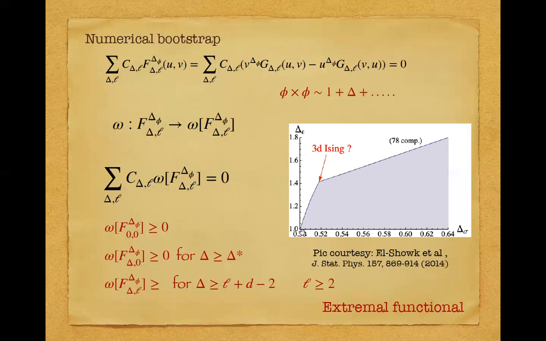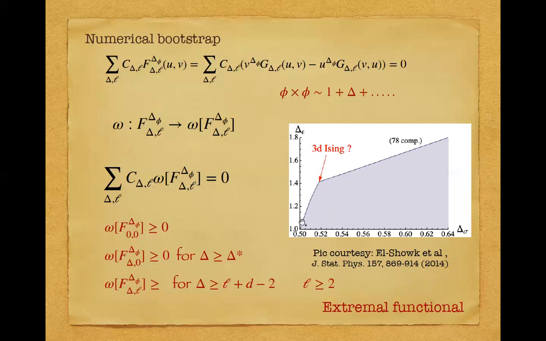If you want a consistent solution, it must lie below this. Okay. And it turns out that these boundaries are pretty interesting. There are very interesting theories. For example, if you are doing this exercise in 3D, then there is a kink, and at this kink, the 3D Ising model appears, which also describes some physical systems.